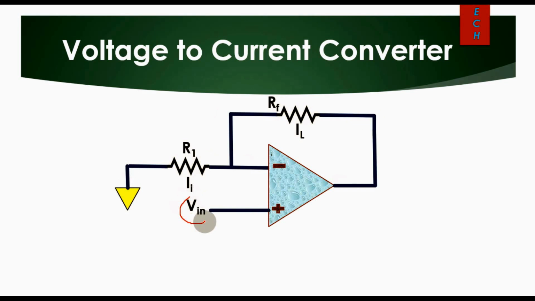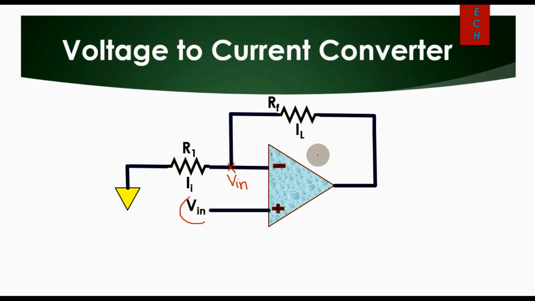So due to virtual ground, you already know that the voltage at the non-inverting terminal is the same as the voltage at the inverting terminal. So this V in appears at this node.